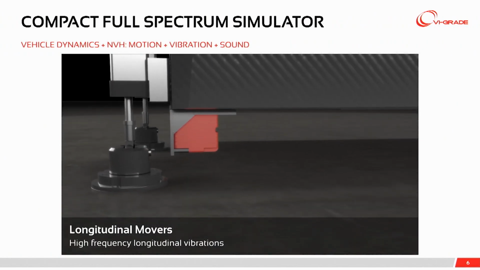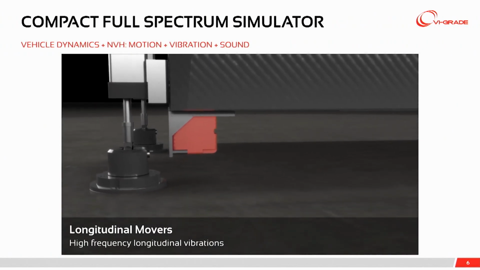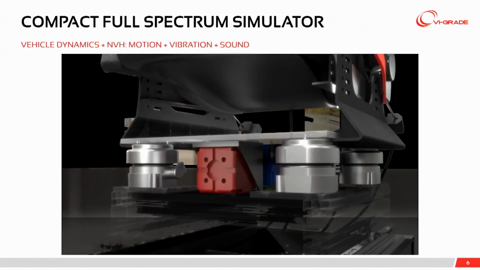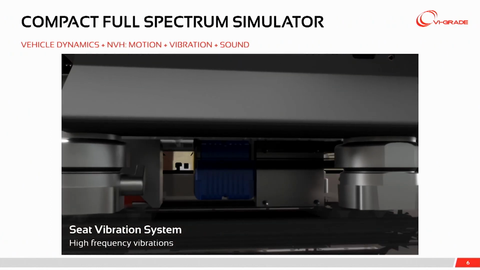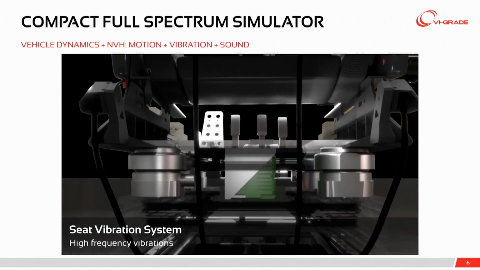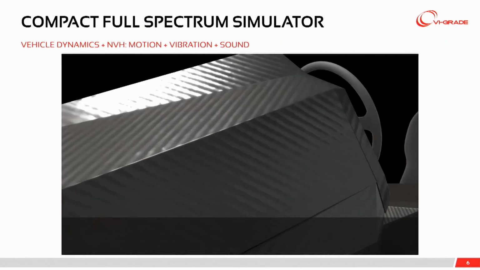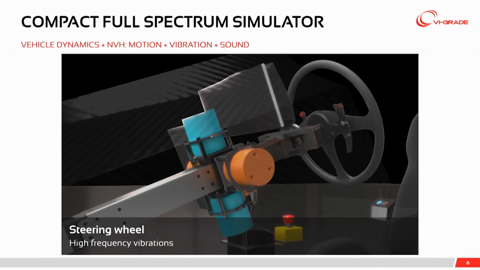There are movers attached to the frame to give you fore-aft motion of the entire simulator. And for high frequency vibration, we have 3 shakers under the seat, giving us fore-aft, vertical, and lateral vibration to the seat base. There are rubber mounts there to isolate that from the rest of the chassis.